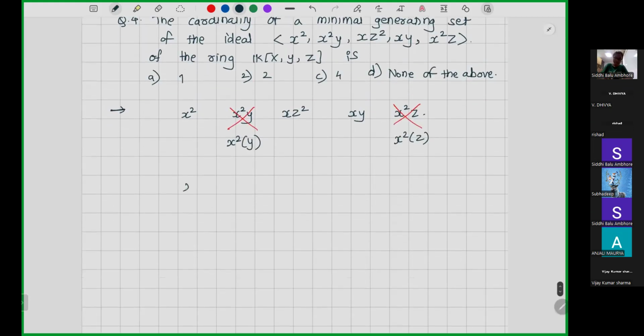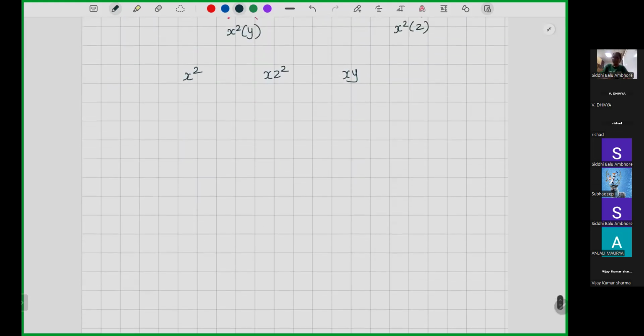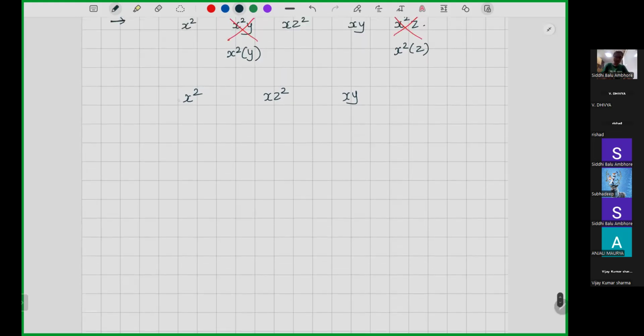But these three, x square, xz square, and xy, none of them divide the other, or none of them can be written as a multiple of the other. Okay, x square needs to be there. x square helps us get those two terms, but x square has to be in the generating set.